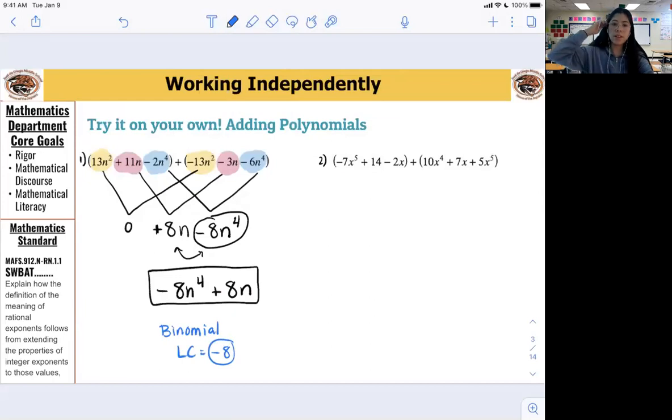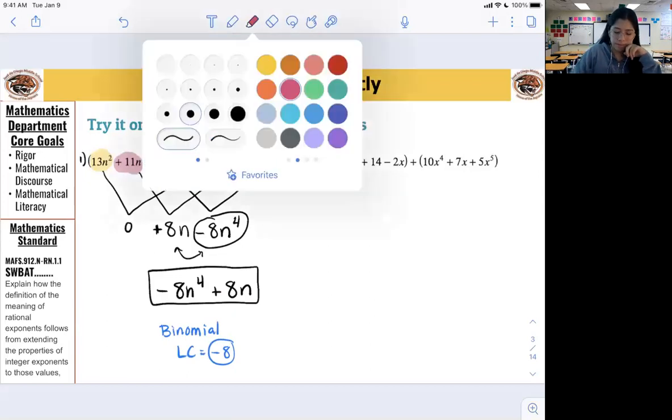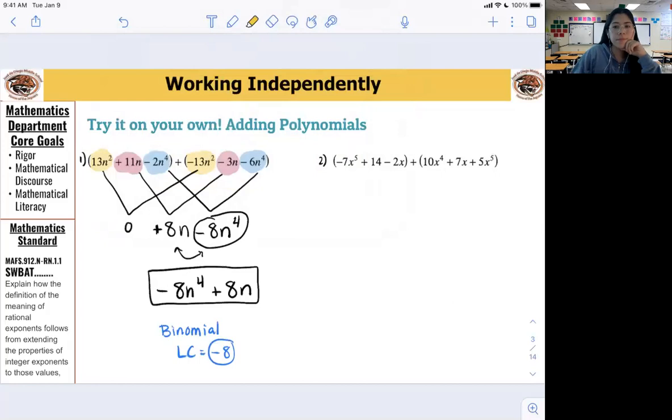Okay. Similar idea with number 2. Let's have 3 volunteers give me 3 pairs. Well, actually, there might not be 3 pairs. Let me have 1 pair of like terms. Negative 7x to the power of 5 and 5x to the power of 5. Good. So there's 1 pair of like terms.